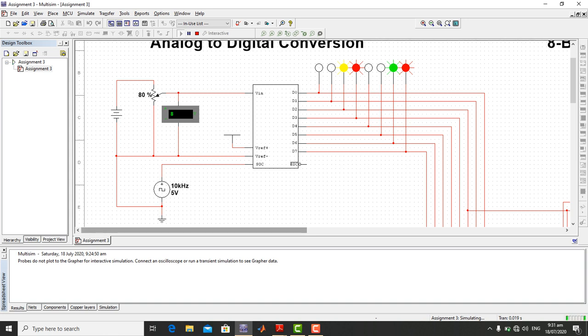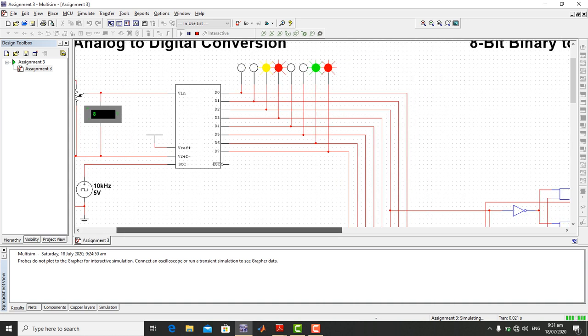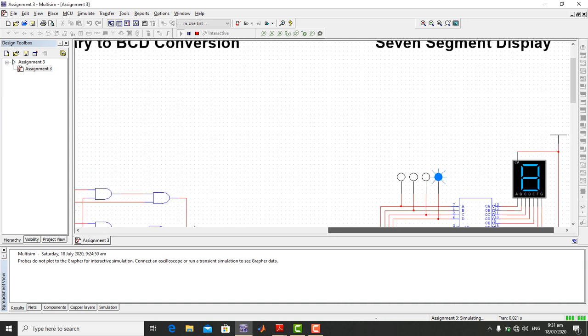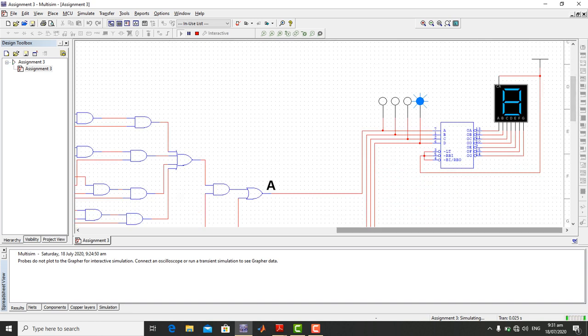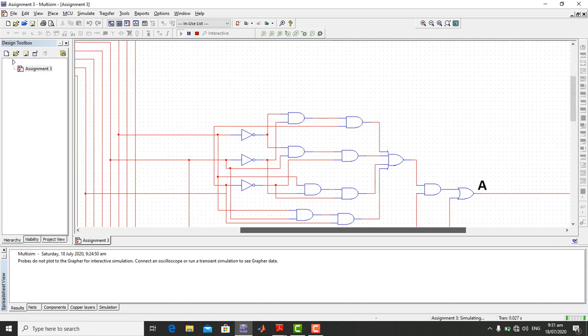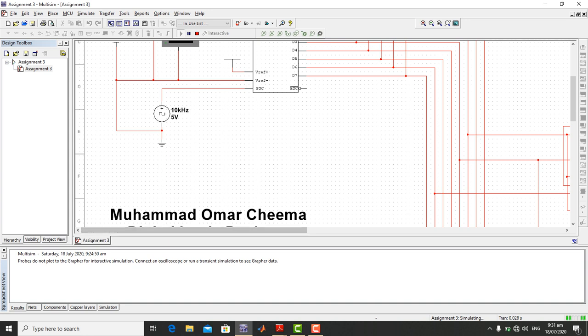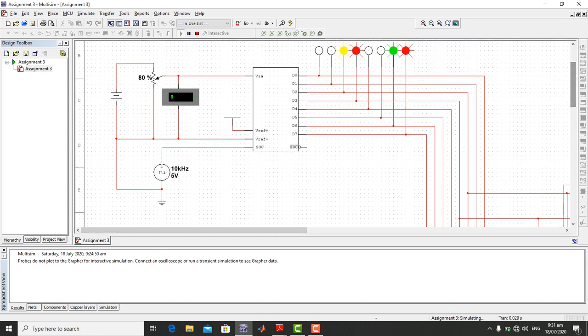So we will verify it on the 7-segment display. Here it is also 8 volts. This is the digitalized voltage, or you can say sampled voltage. We will change the voltage using the potentiometer.